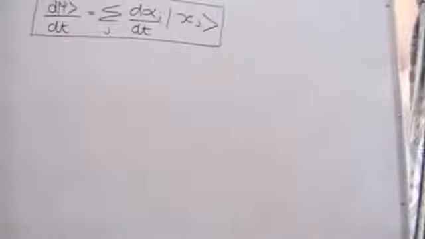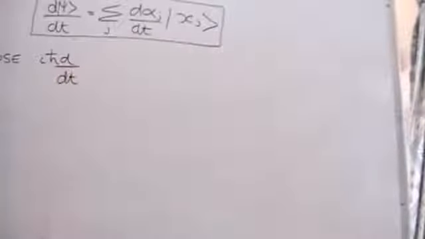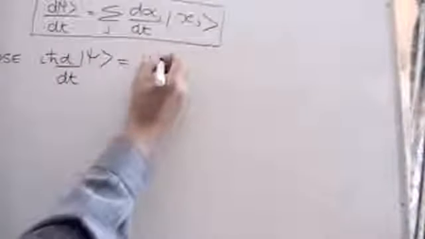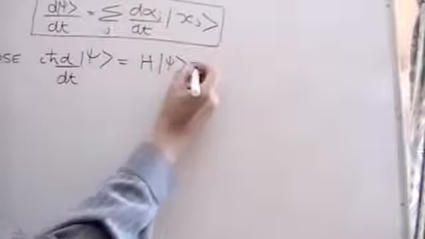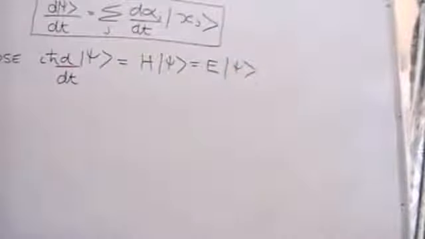So I've written it out again at the top of the board. Now let's just remind ourselves of the time-dependent Schrodinger equation, which of course we've shown earlier in this video. We showed that the Hamiltonian was i h bar d by dt, and when you act on psi, that will deliver you essentially the Hamiltonian acting on psi, which of course will deliver you the eigenvalue E on psi.